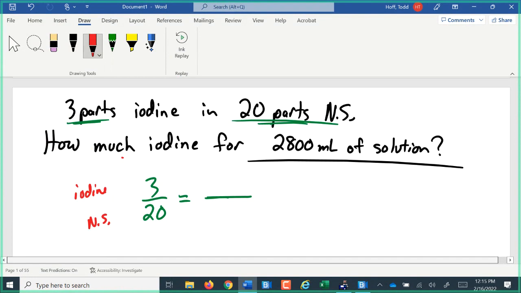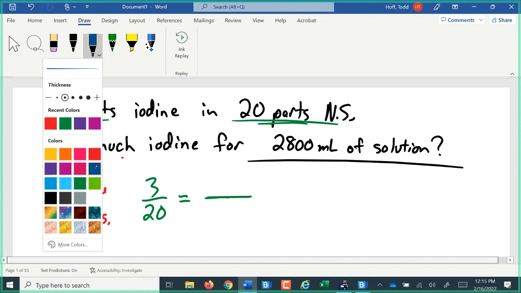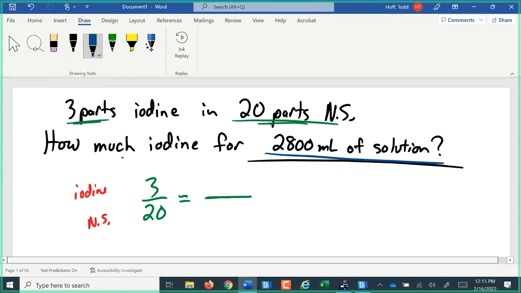Then on the right side, the 2,800 milliliters of solution goes with the normal saline on bottom, and we will cross multiply and divide.